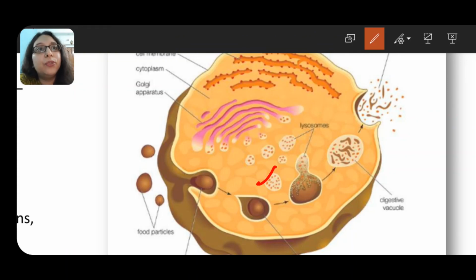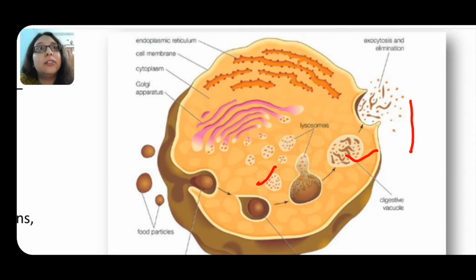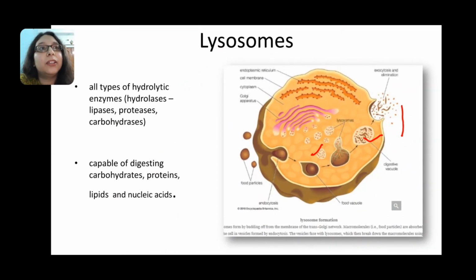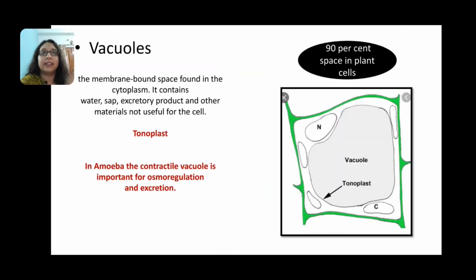Then they release their lytic enzymes, which cause degradation of the food particles which have been ingested. Ultimately, what happens is exocytosis and the release of the digested products. Is that clear? Okay. Next, moving on to the next slide.